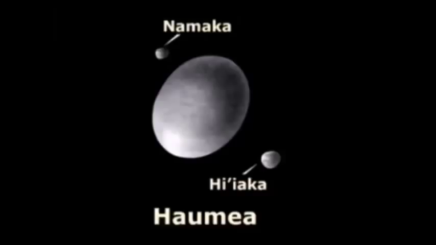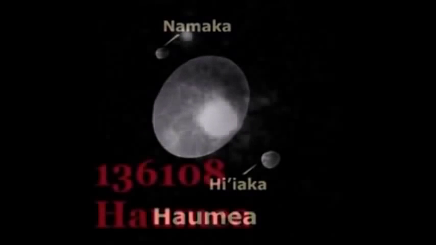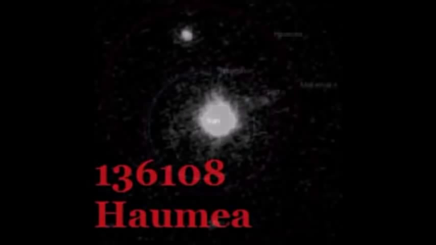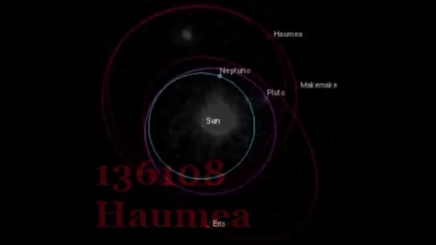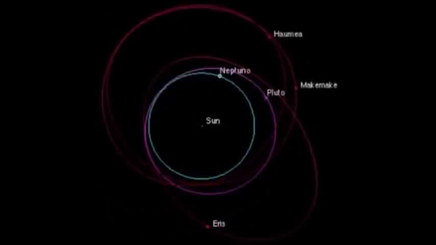It has two very small moons, Hi'iaka and Namaka. It's believed that these moons were originally part of the same planet, but the impact broke apart the planet as it was, making it a small, strangely shaped object with two very small moons.